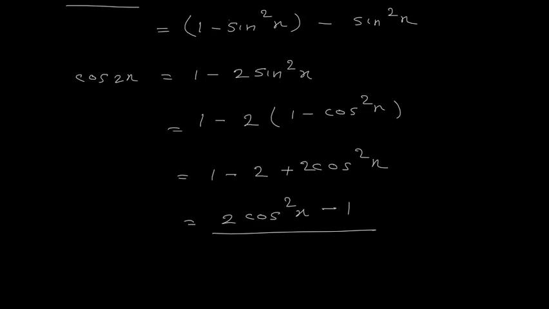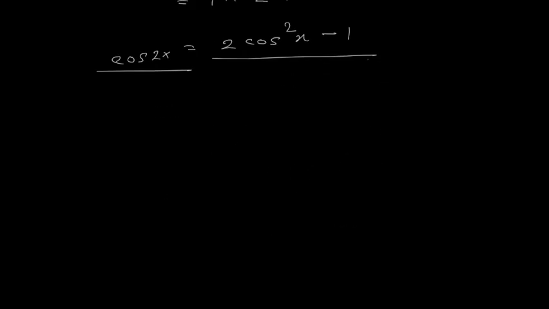So 2 cos square x minus 1. Okay. So cos 2x is 2 cos square x minus 1 also. So now we have seen three formulas for cos 2x. That is cos square x minus sin square x, 1 minus 2 sin square x, and 2 cos square x minus 1.